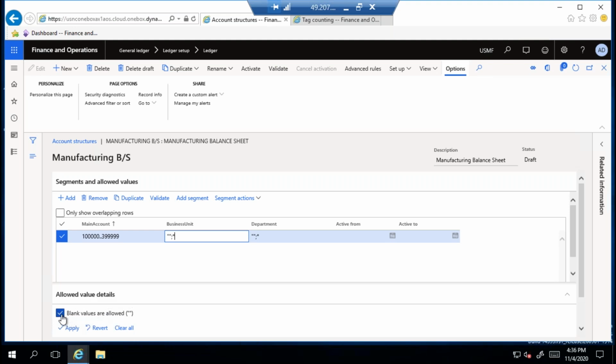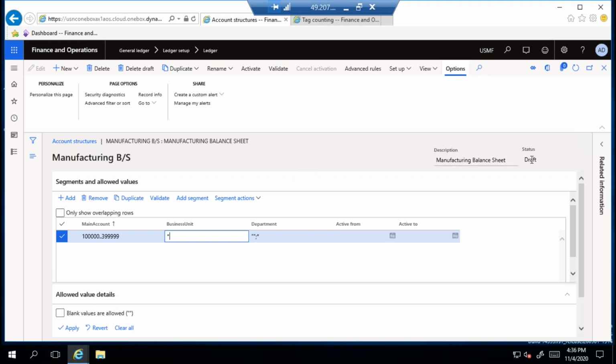So now I'm changing this one. I have removed this allow blanks. Now it is only a star, which means it is mandatory, and here it is optional still. If it is double quoted at start and end, it means blank is allowed. Here it is mandatory. Blanks will not be allowed.